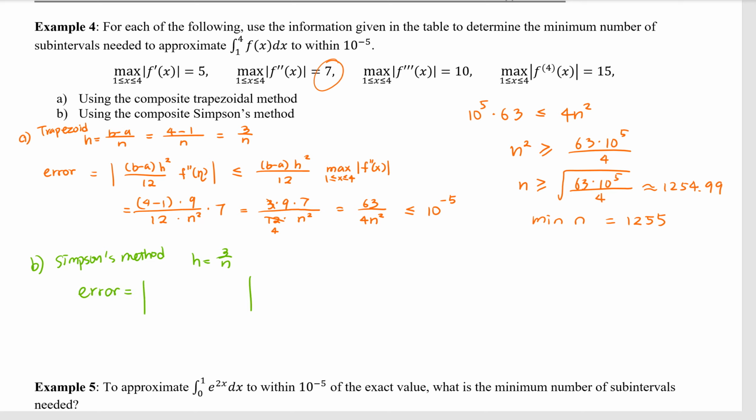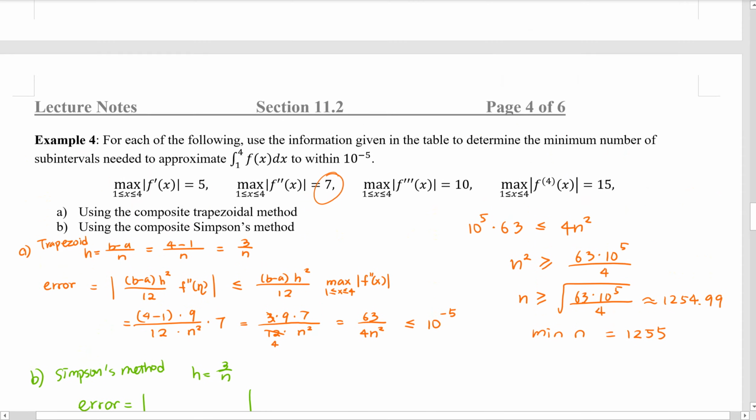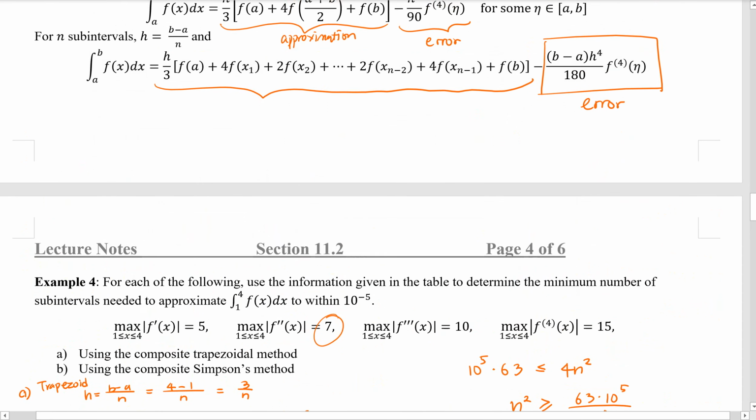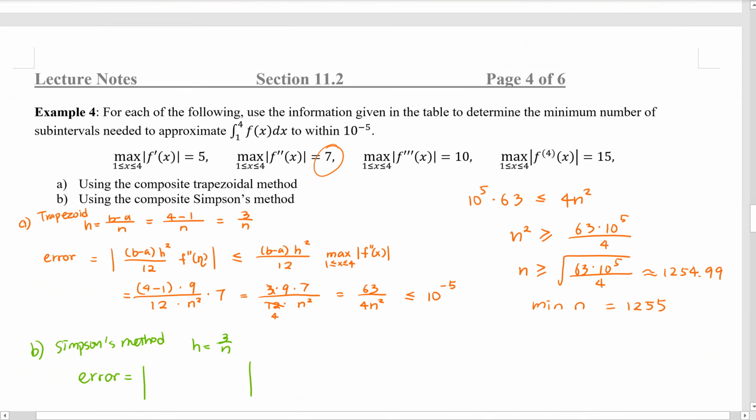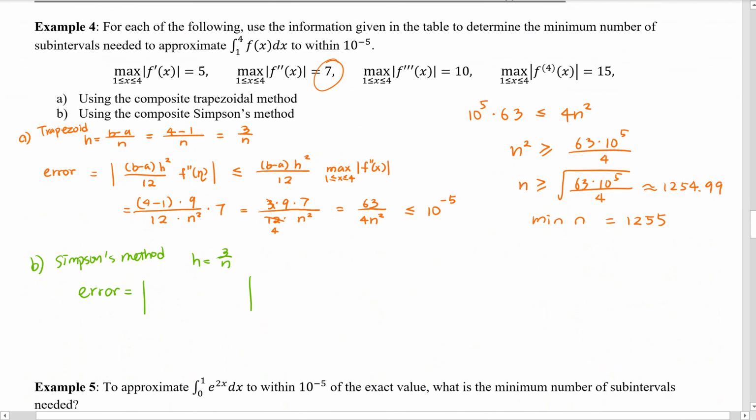So what is the error formula? Let's go back. b minus a times h to the 4th over 180, and then the fourth derivative of eta.